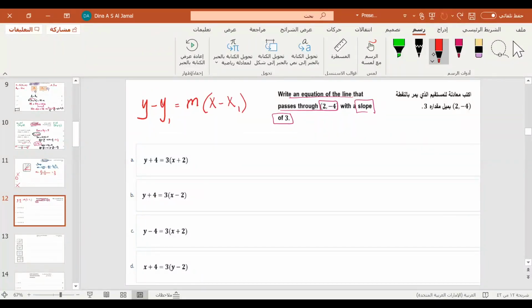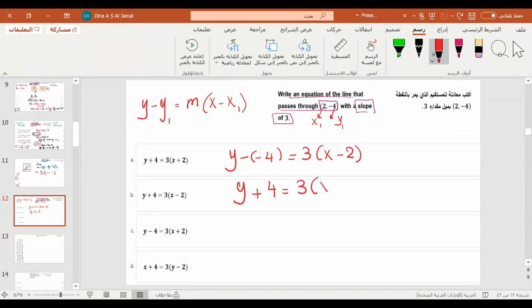So y minus, now here is your y1, here is your x1. So minus minus, later it will change, 3 times (x minus 2). So y plus 4 equals 3x minus 2, which gives you your second choice.